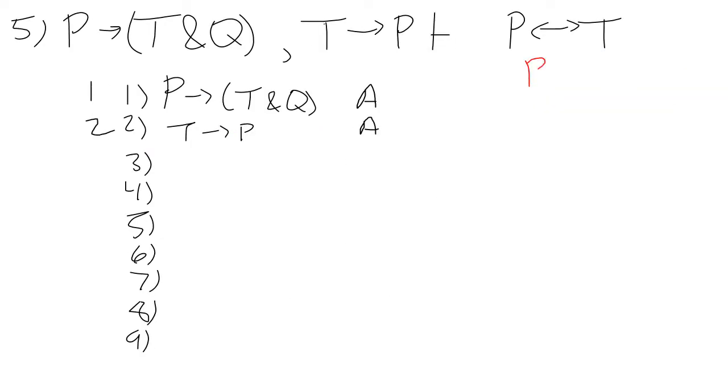Here on 5, we got another just simple double arrow, so we know we're looking for that. And we're looking for this. We have T arrow P there, so we're all good with that one. Do we have P arrow T? Well, we don't yet, so we need to assume the left-hand side as a PA and look to prove the right-hand side.